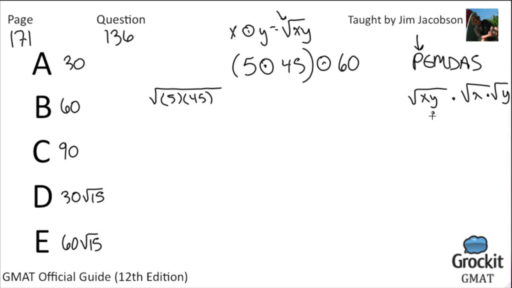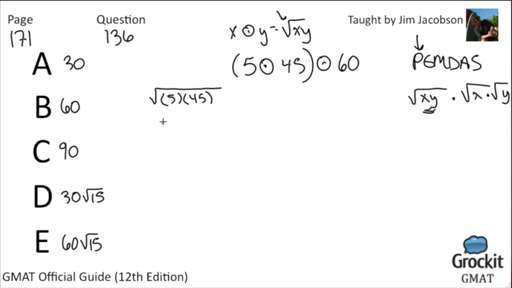Also, within this multiplication you can reconfigure. Using the real numbers that we have, 5 times 45, it often helps to break these down into their prime factors, because then you can often find the squares of prime factors and take them out from under the radical sign. What do I mean?